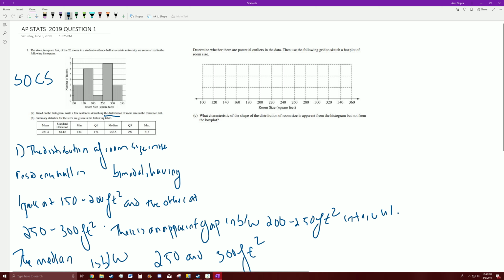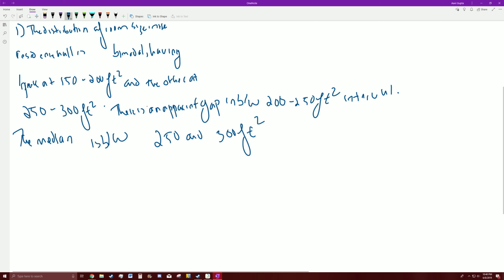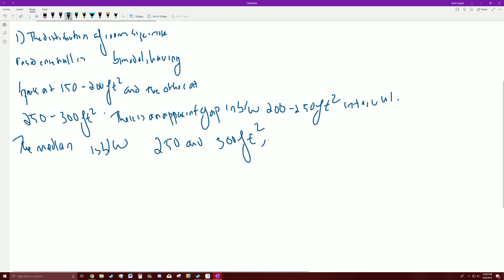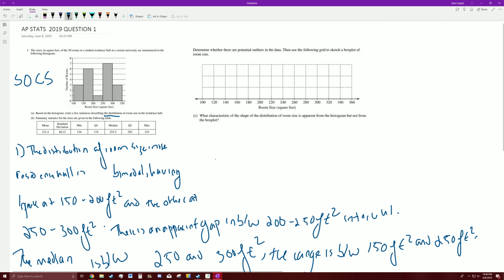Let's just go, the range is between 150 and 250. Yeah, that's good. The range is between 150 feet squared and 250 feet squared. Okay. Not one, it's part A.